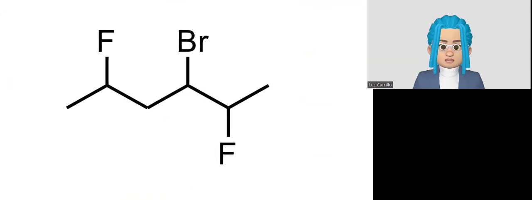Here we have a skeletal structure. When I look at this structure, I have to start finding my parent chain, starting from the end that is closest to a substituent. So I have 1, 2, 3, 4, 5, 6.